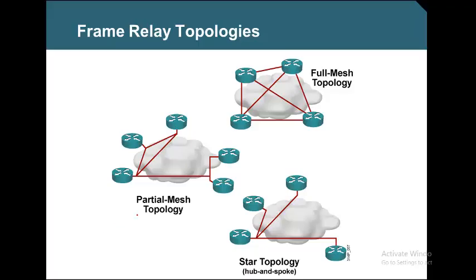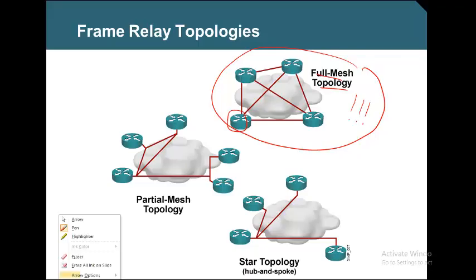Not that easy to see a full mesh topology. You see, each site is connected to all other sites, which is very costly. Why? Because this is one frame relay PVC, you need to pay. This is another PVC, another private virtual circuit, another PVC, another private virtual circuit. Very costly.